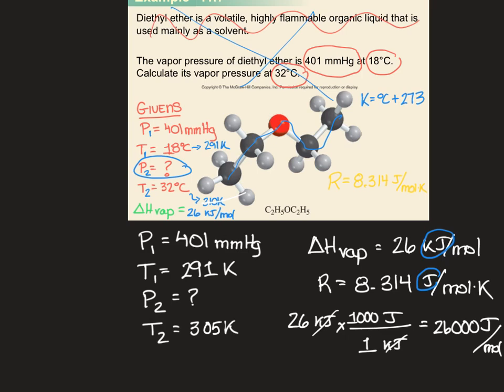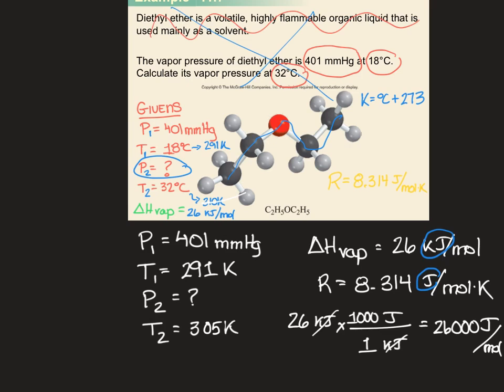I don't have ATM. I'm not doing the 0.0821 liters atmospheres. I'm not using that R value. There's nothing else with a unit of pressure. And the question didn't ask for an answer in any particular unit. If I'm not specific, you guys can pick your favorite unit. I don't care. I would leave it alone because it's one more step to convert it into atmospheres. You can if you want to, though. Nothing wrong with that. But I'm going to leave it alone. There's no reason to change it if I don't need to.